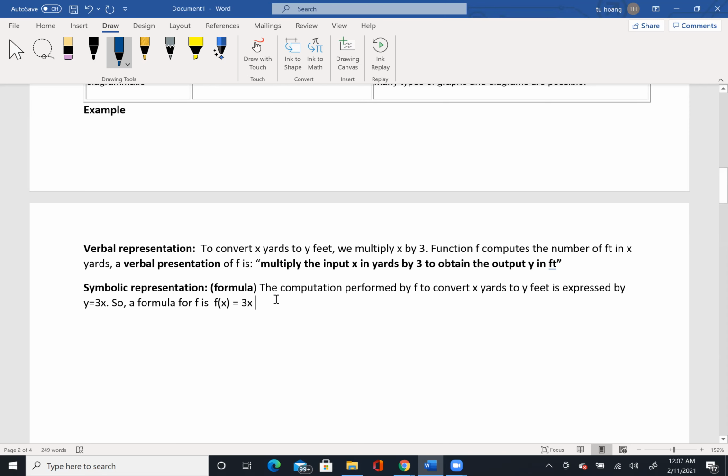Okay, so this is a symbolic representation.